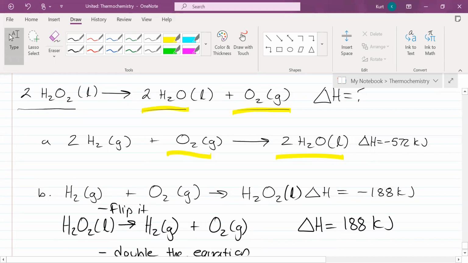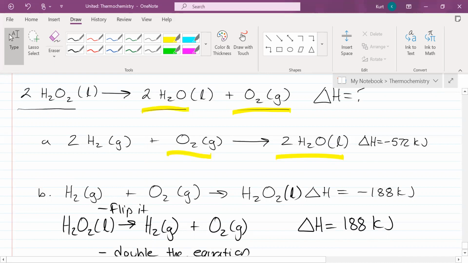Is it a reactant or is it a product? It's a product. Okay. What is it on equation A? Product. Good. And where is oxygen on the main equation? A reactant or a product? Product. It is a product. And what is it in equation A?